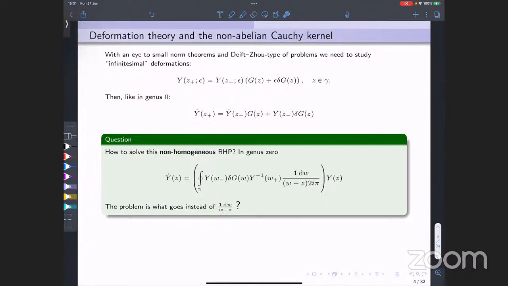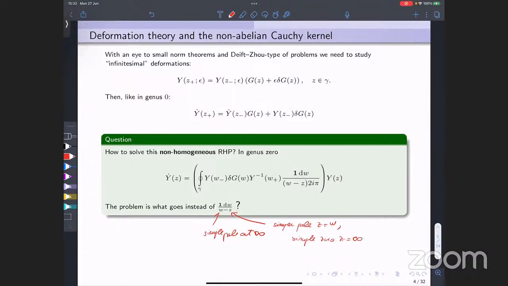So it has a simple pole at infinity. And as a meromorphic function, it has a simple pole when z is equal to w, and a simple zero when z is at infinity. Now, on a Riemann surface of higher genus, infinity means nothing. It's just a point, you choose a point.